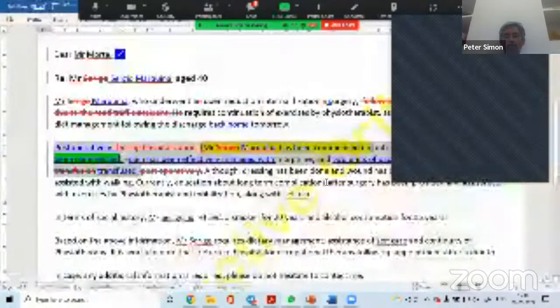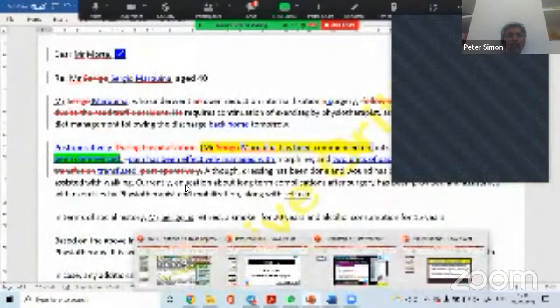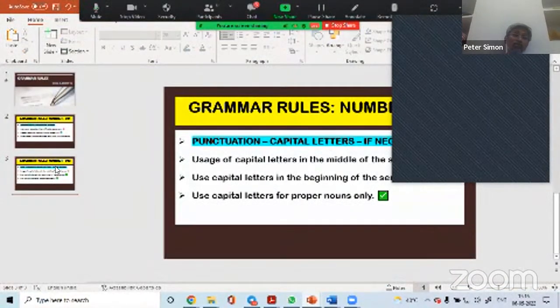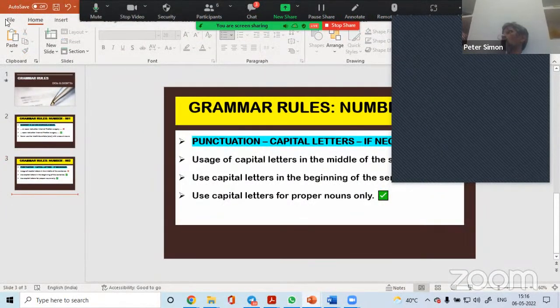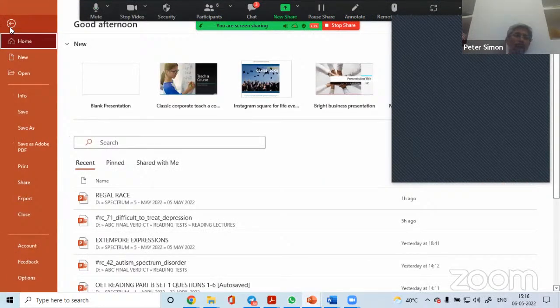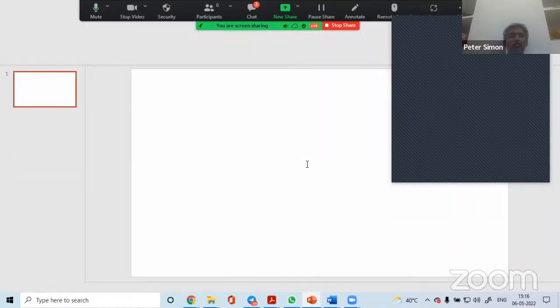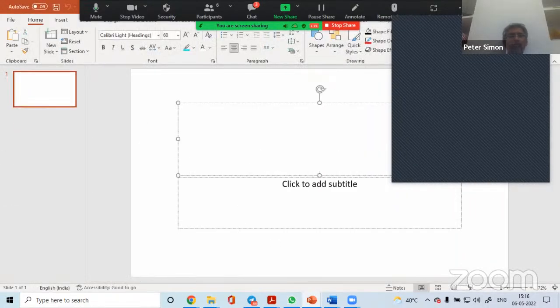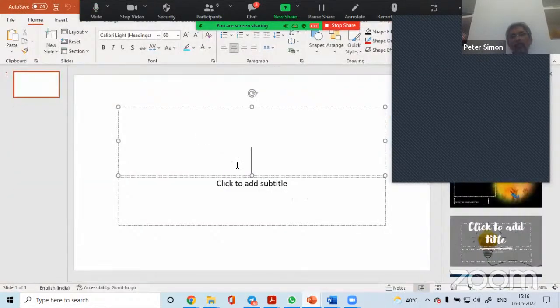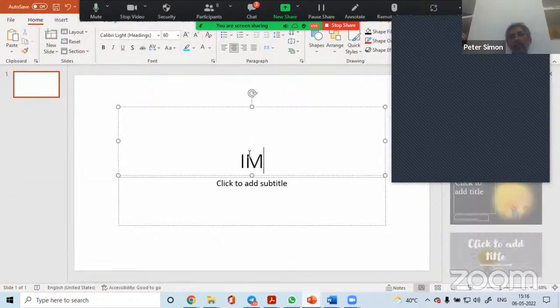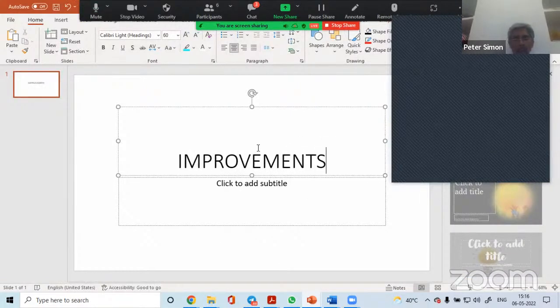So, this is how to make a list. Grammar rule 3. But this is a super rule. These are improvements. These are not grammar rules. These are improvements. So how to improve?